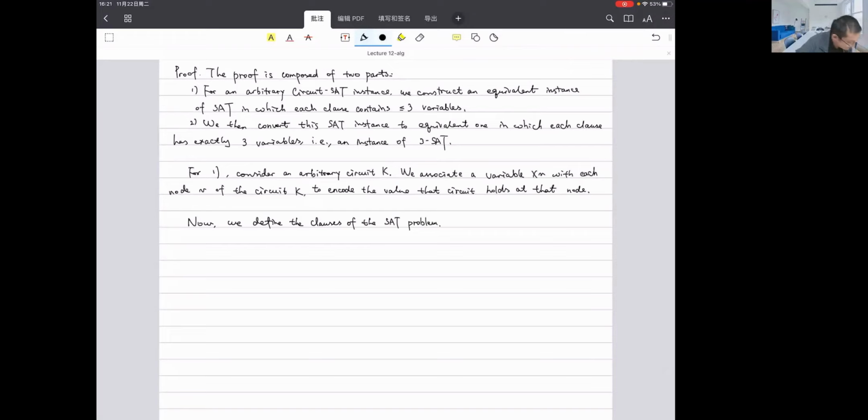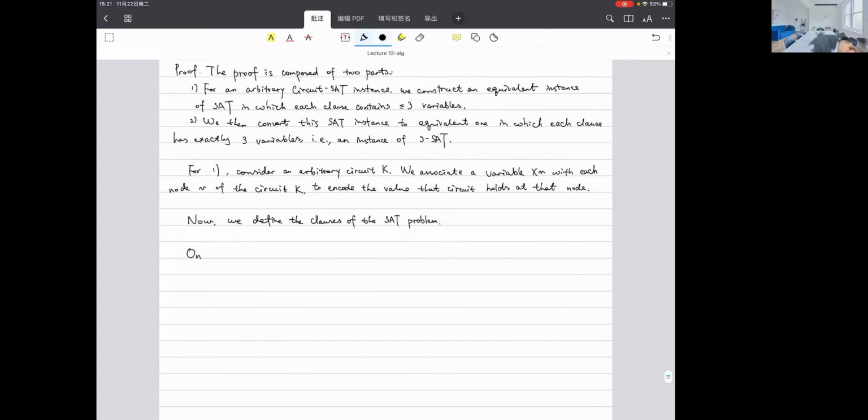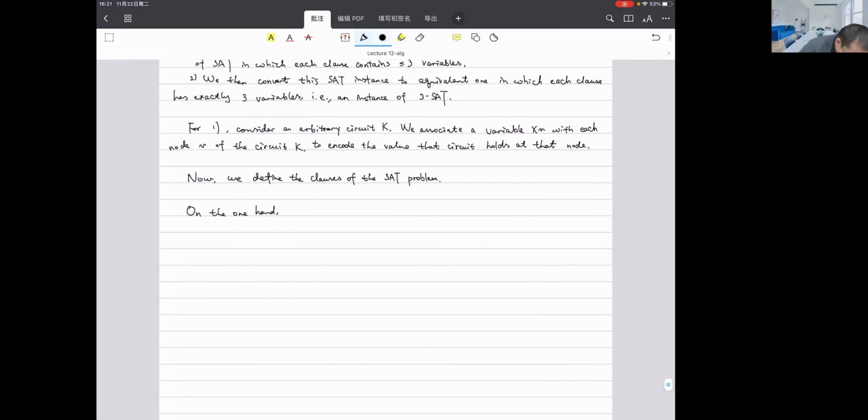So, the clauses of the SAT problem. On the one hand, we know that we need to make all the computations correctly.